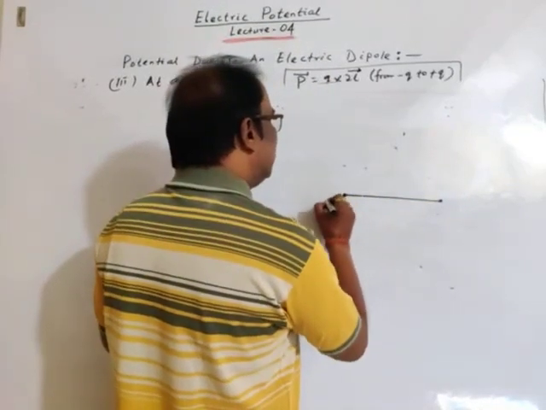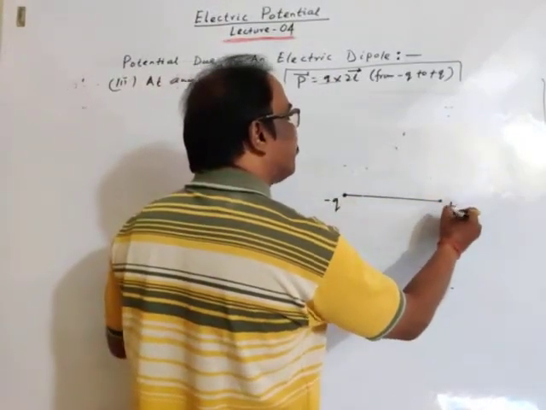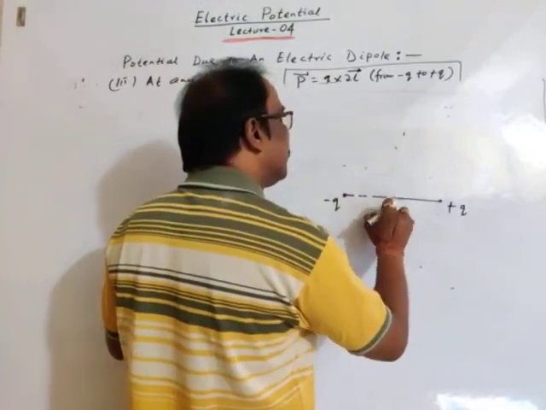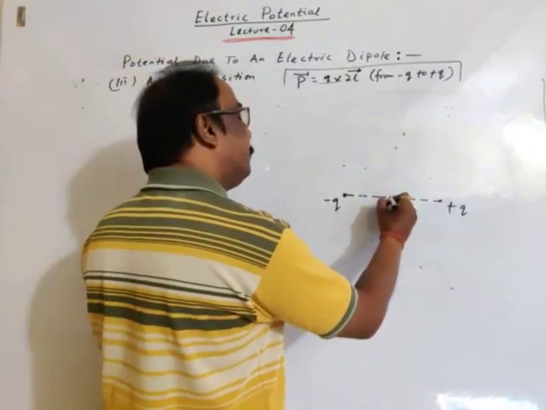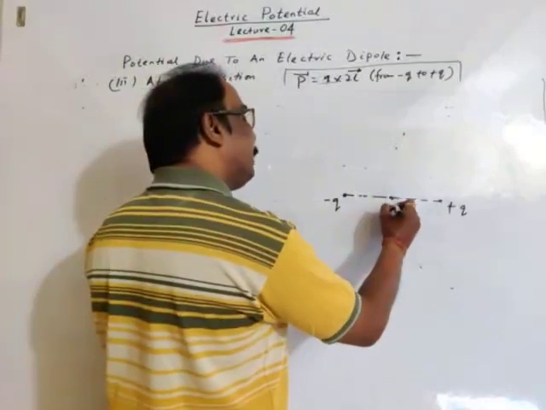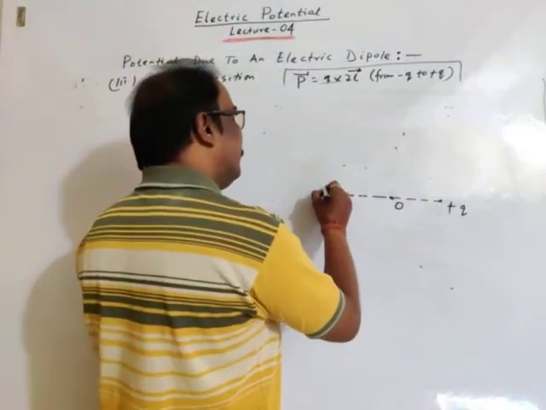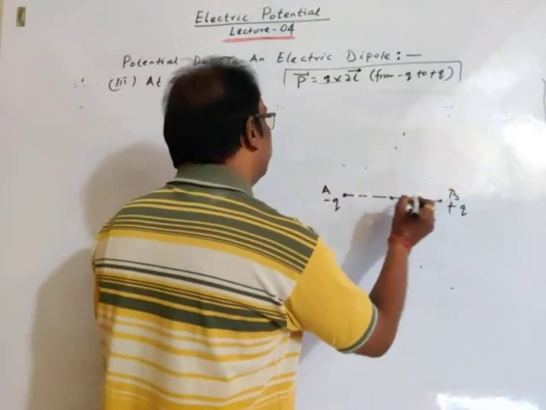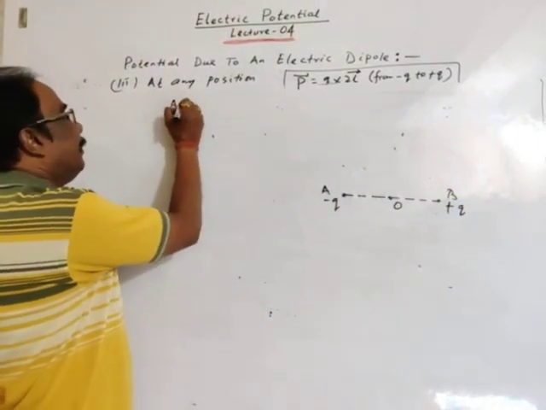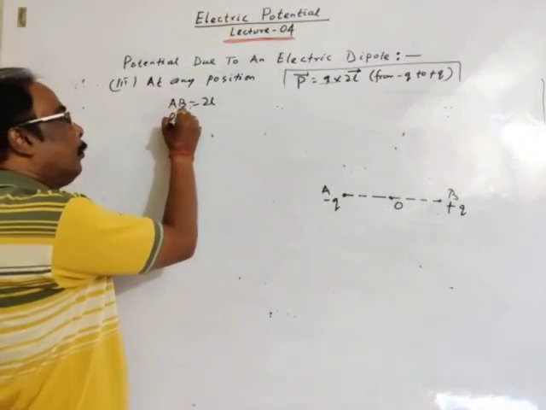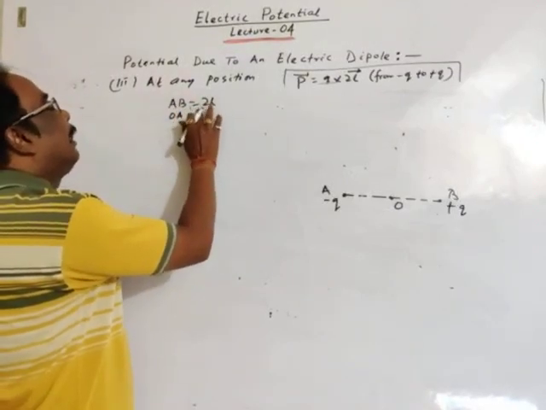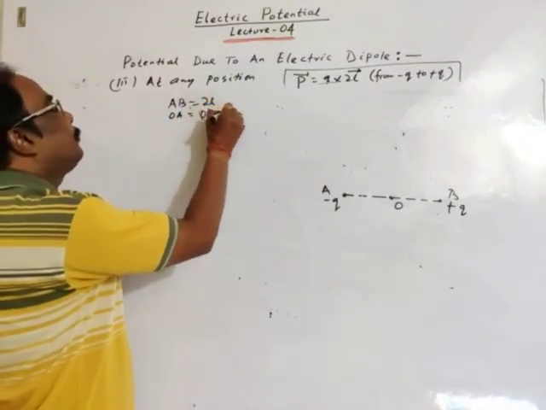Let's consider this is an electric dipole, plus q and minus q, two point charges. Separation between them is 2l. This is the center of the dipole, O. This point is A, this point is B. Length of AB is 2l. So obviously length of OA is l and length of OB is also l.